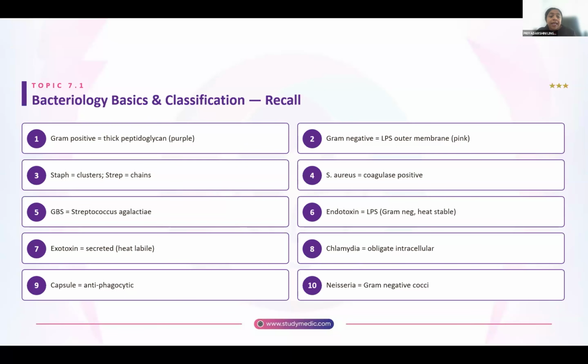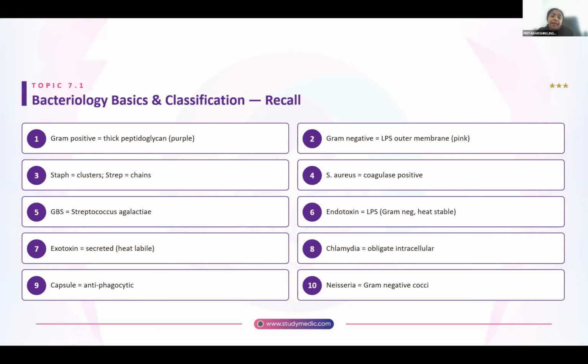Your GBS, example of your group B Streptococcus, is nothing but Streptococcus agalactiae. Your endotoxin is because of the LPS, which is gram negative, and it is heat stable also. Exotoxin is heat labile, it is secreted. Now coming to chlamydia, you need to understand chlamydia is an obligate intracellular organism.